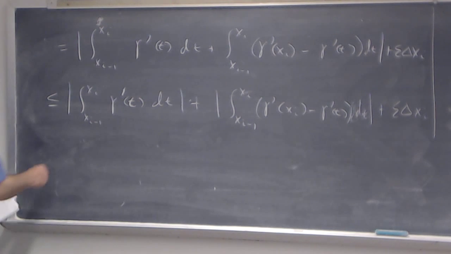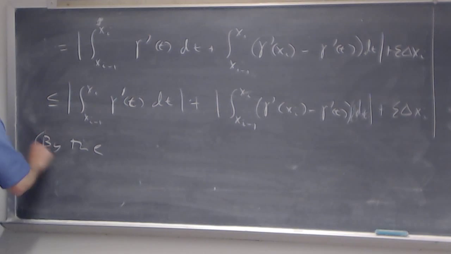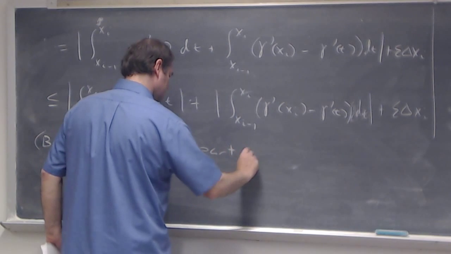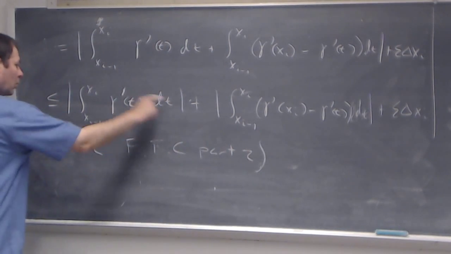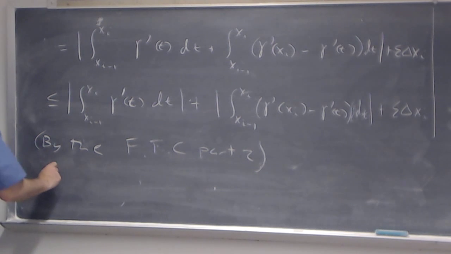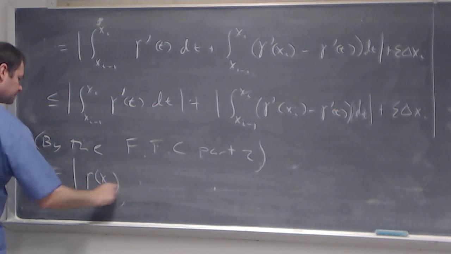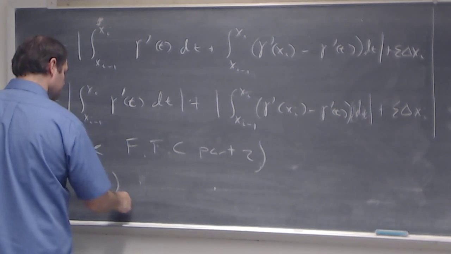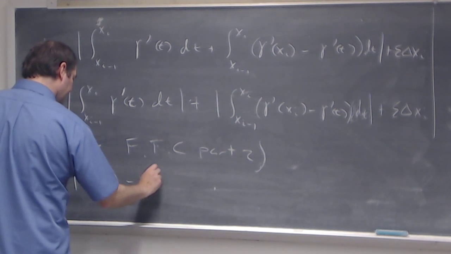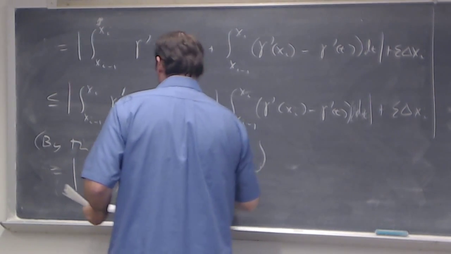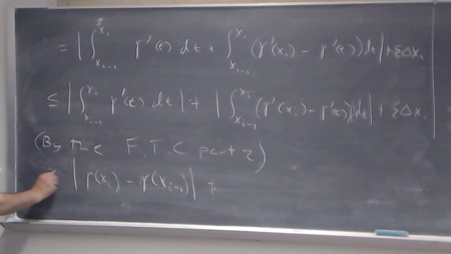Now, by the fundamental theorem of calculus, this quantity is going to be the norm of gamma of x_i minus gamma of x_{i-1}, plus, well, I'm going to change this to be less than or equal to.